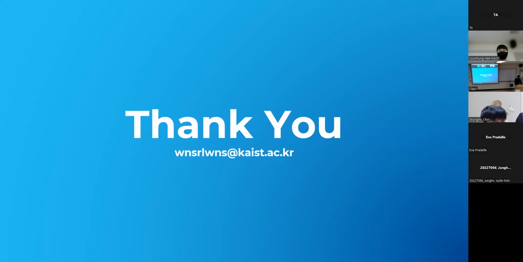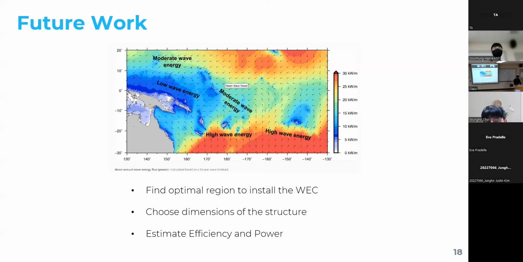All right. Question from other student. On the very last slide figure, they say the red zone is showing the high wave energy, but I don't know the exact meaning of the arrow direction.